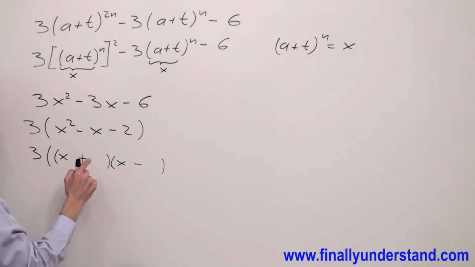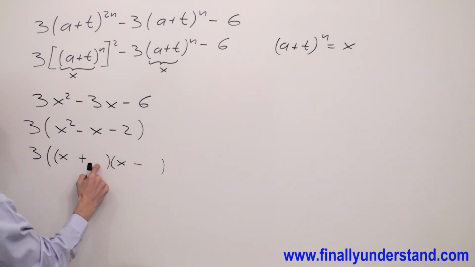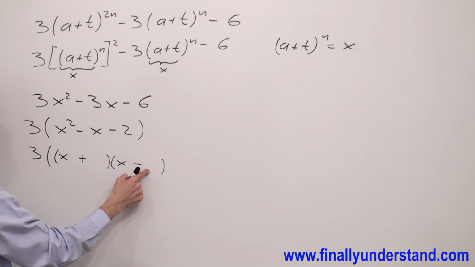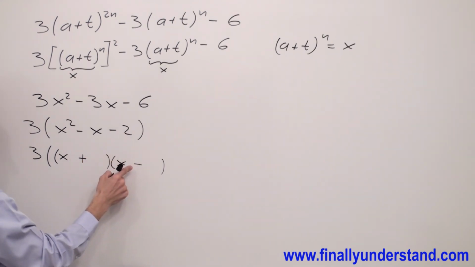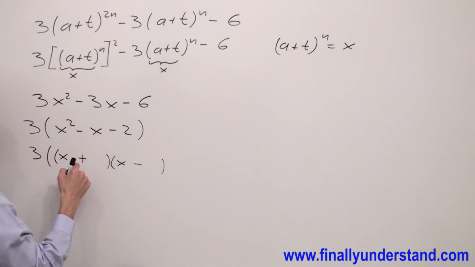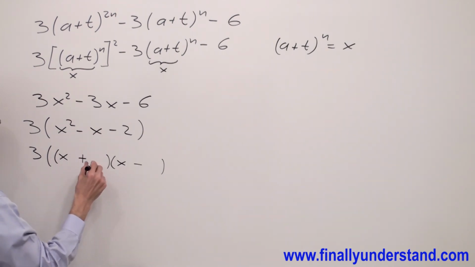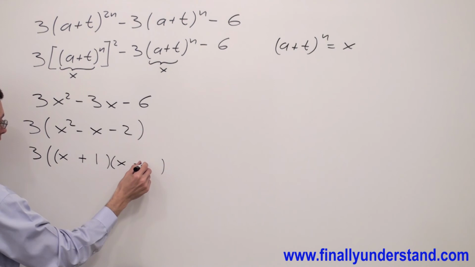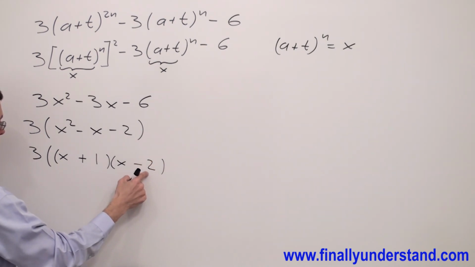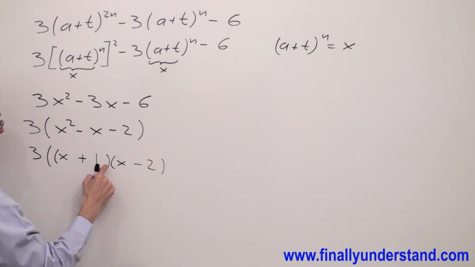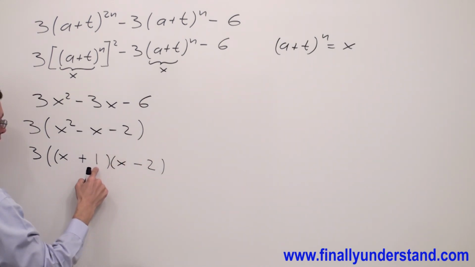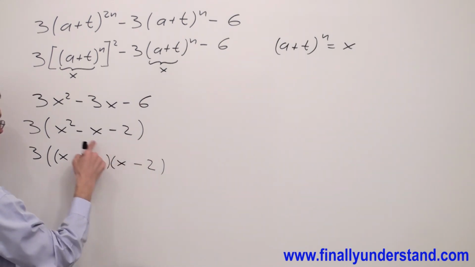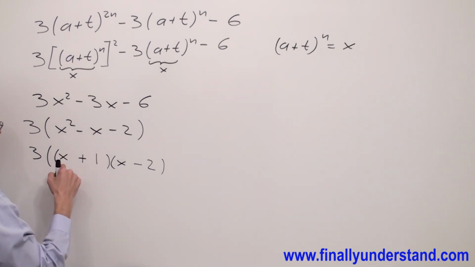Next, what two numbers multiplied by each other are going to give me negative 2 and add to each other are going to give me negative 1? These numbers are 1 and negative 2. 1 times negative 2 gives me negative 2. 1 plus negative 2 gives me negative 1.